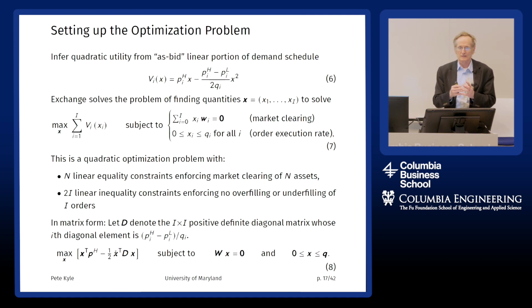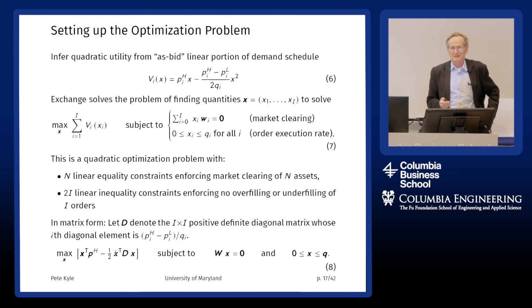I think you have to have the social welfare function that's in equation 7, the sum of the VIs. Now you could have a linear transformation of that sum, but it can't be arbitrary weights on the VIs, because then you're going to get a different set of X's. You're going to maybe give more X to people that you like and less X to people that you don't like, and they're going to say, well, my order wasn't executed the way it was supposed to be given the prices that you're telling me.